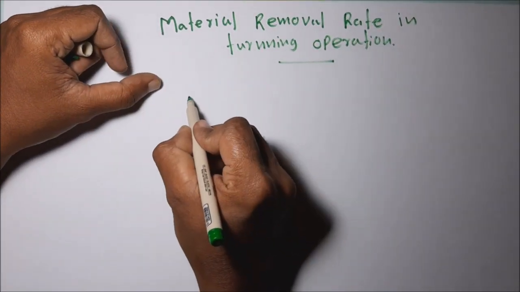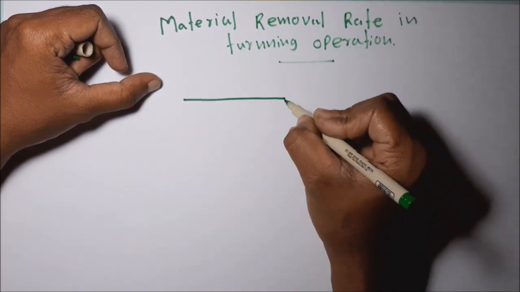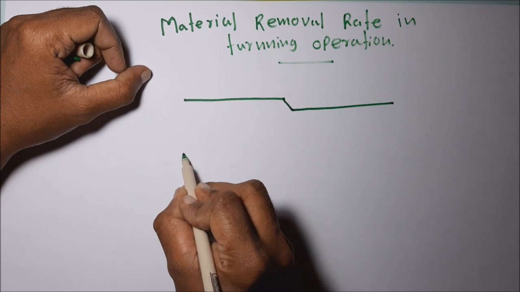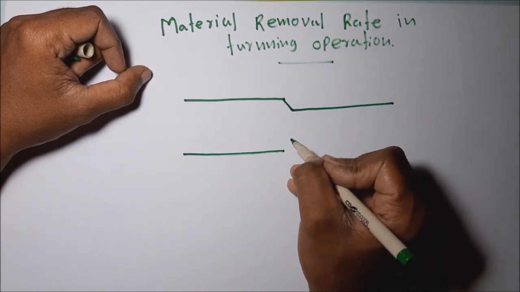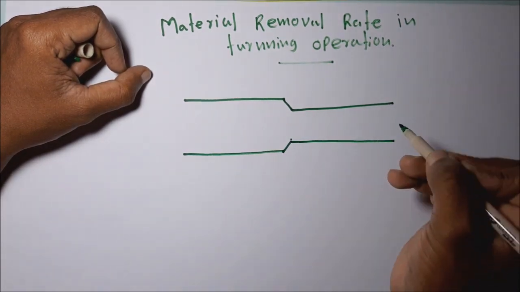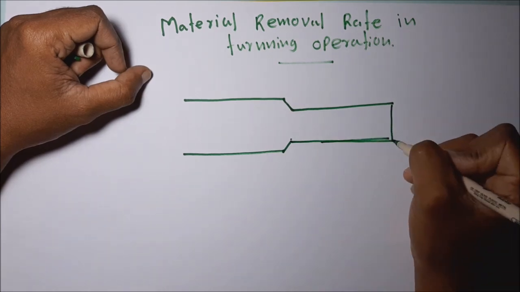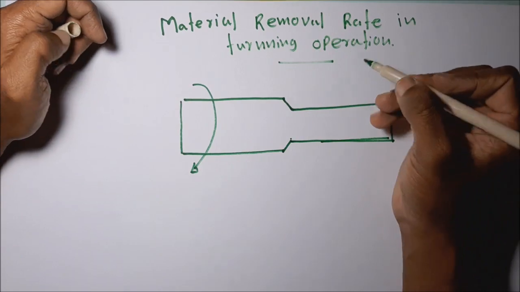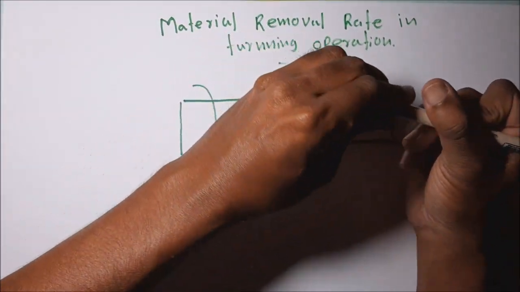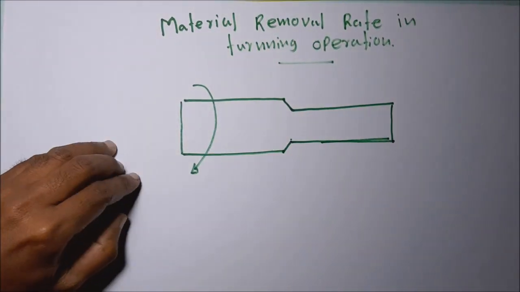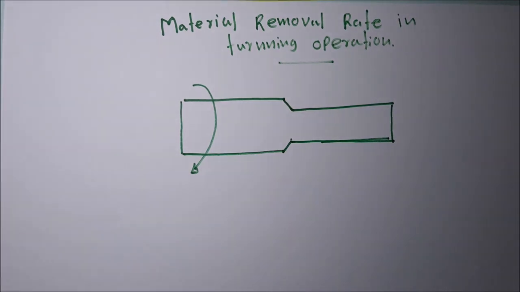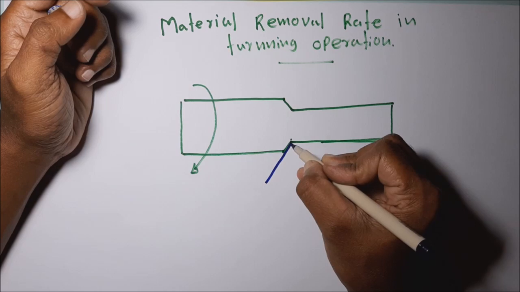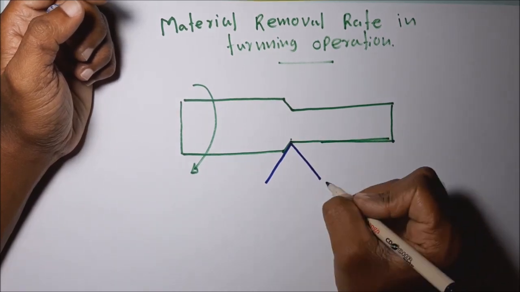Let's take this as the workpiece we are going to consider. You already know what is meant by the turning operation done on the lathe machine. You have seen plenty of videos regarding this turning operation.